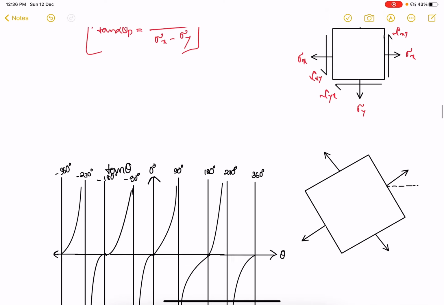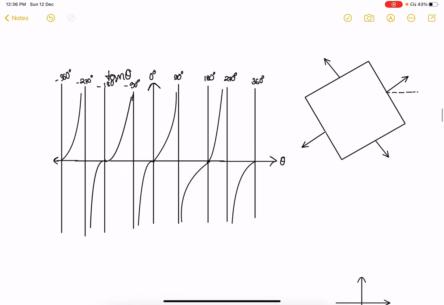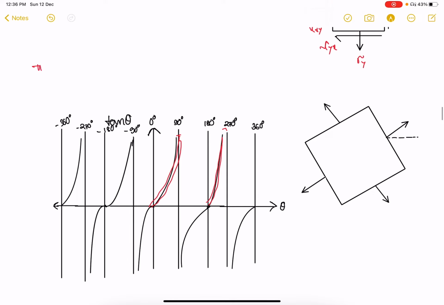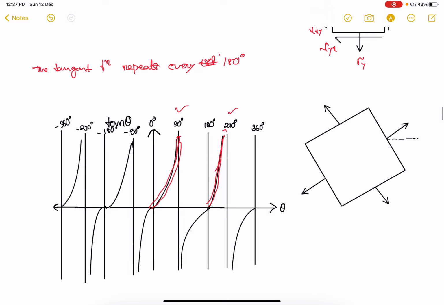Now clearly from this you can see that the tangent function repeats every 180 degrees. Every 180 degrees you can see the tangent function repeats, which means the tangent function repeats every 180 degrees.